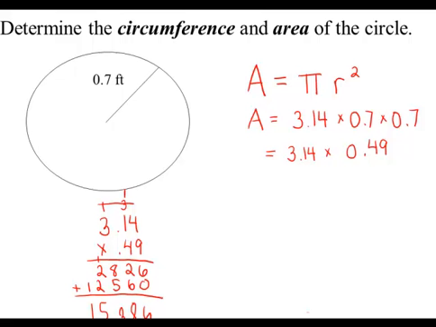Then count over 4 digits and put your decimal point there. Since each of the numbers I was multiplying had 2 digits to the right of the decimal point, my answer will have a total of 4 digits to the right of the decimal point.